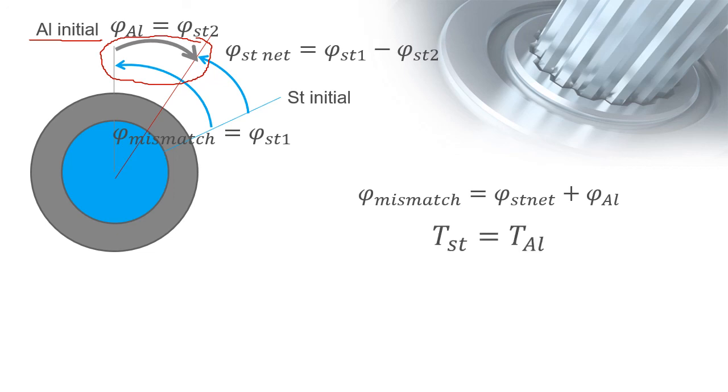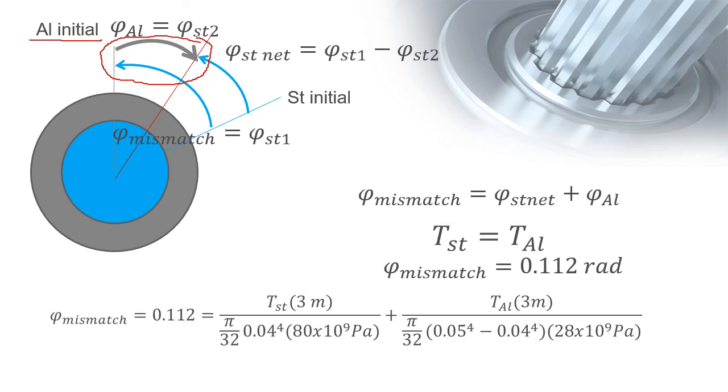The first equation that we have is T steel is equal to T aluminum. We have solved earlier that the angle of mismatch is 0.112 radians, and we will use it to complete the equation.